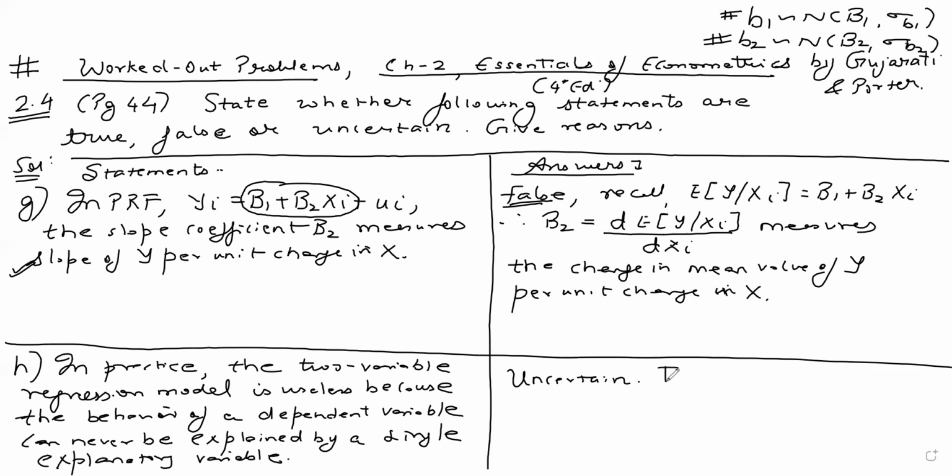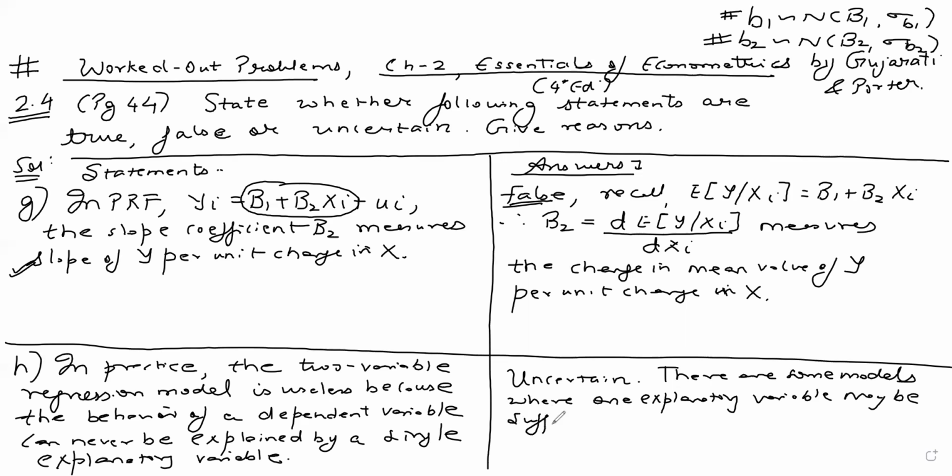So I can write there are some models where one explanatory variable may be sufficient in explaining the variations in the dependent variable.